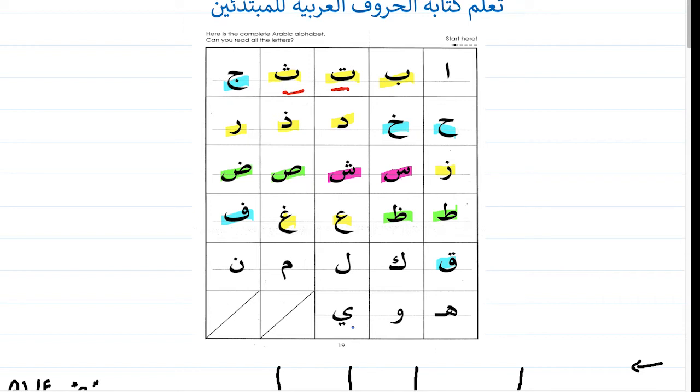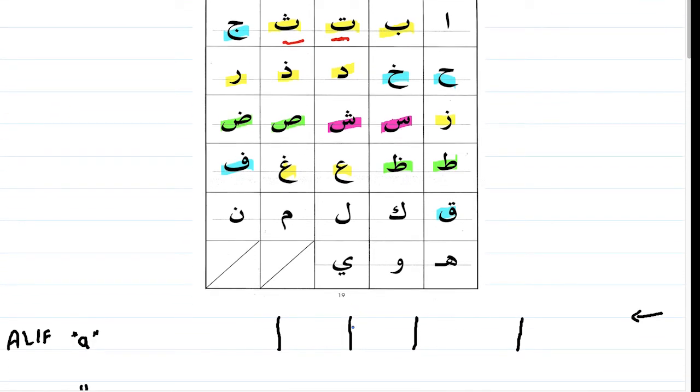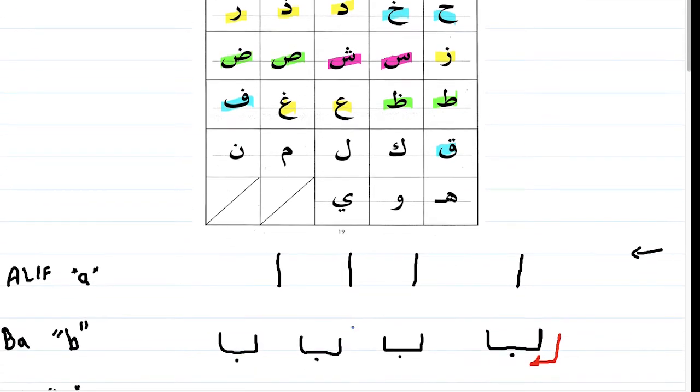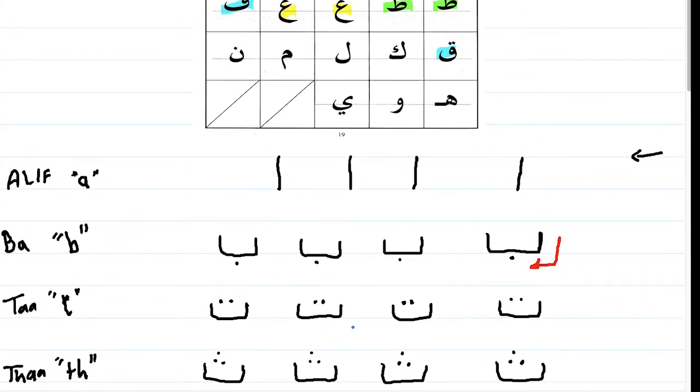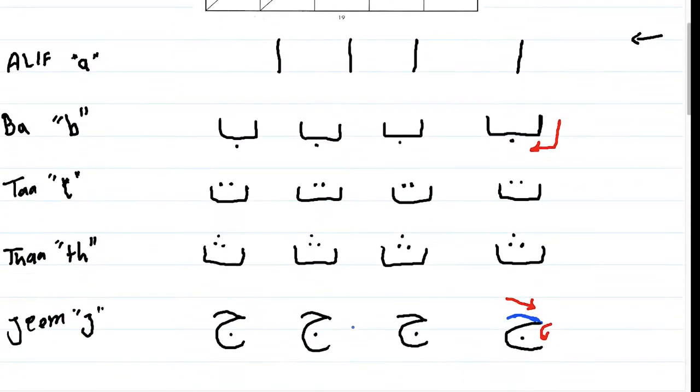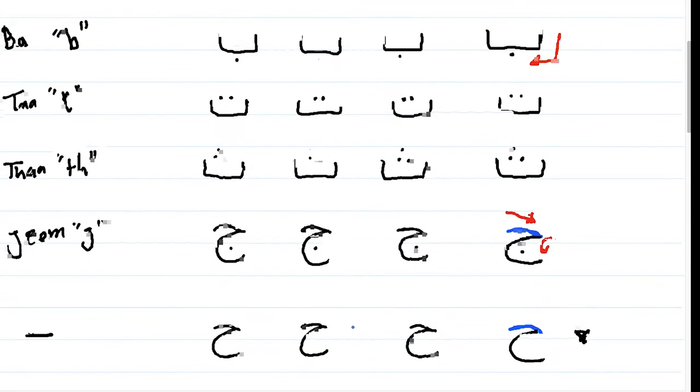Today is part 2 of lesson 1. In lesson 1, we've learnt how to write Arabic letters for beginners. I showed you, and I said the rule is from right to left, and we wrote all the Arabic letters.